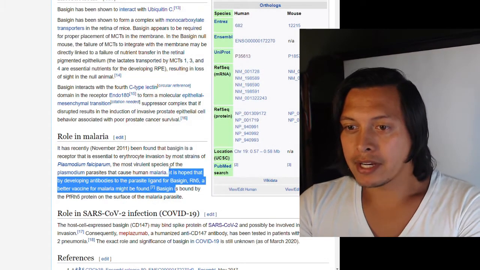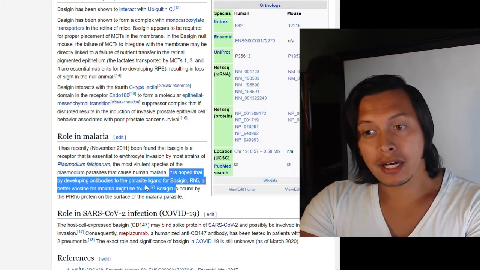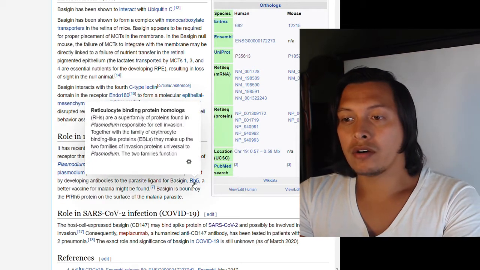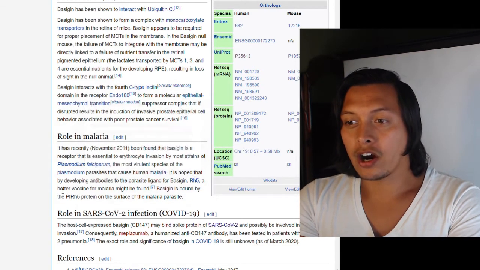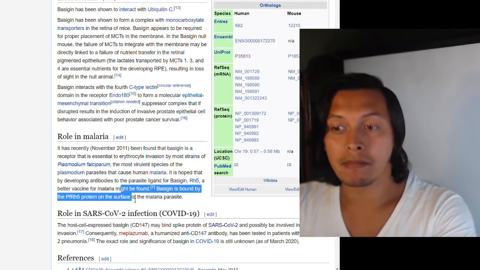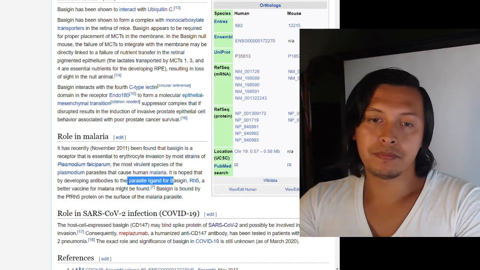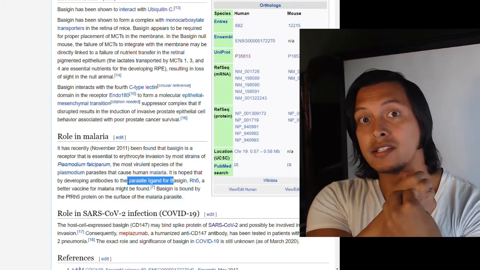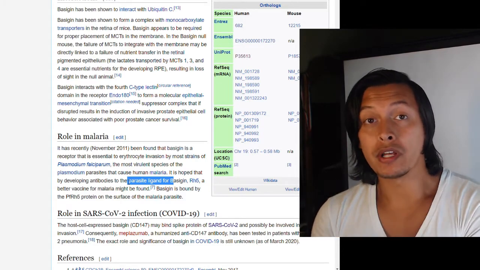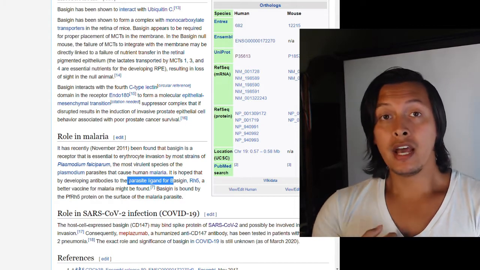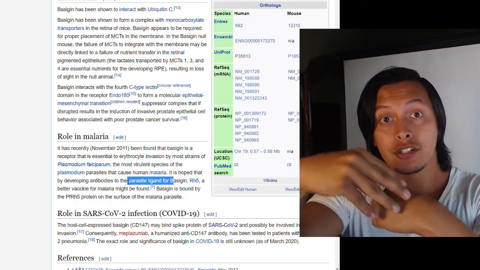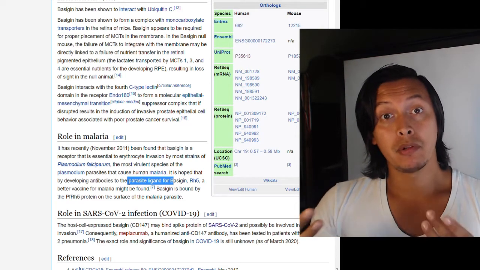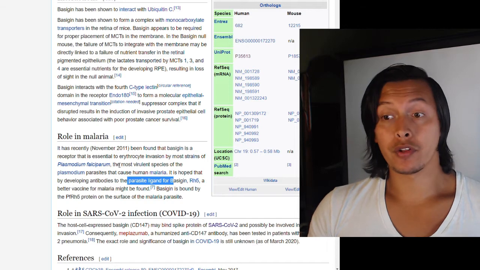It is hoped that by developing antibodies to the parasite ligand for Basigin, which is RH5, a better vaccine for malaria might be found. The ligands of malaria would be these little things that stick out on them that interact with Basigin, or CD147, and if we can develop an antibody that can bind to that ligand, then hopefully we can prevent malaria from progressing further and further.